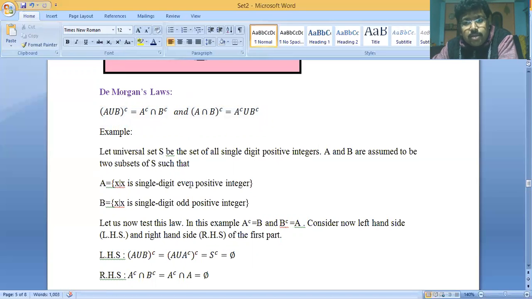Let universal set S be the set of all single-digit positive integers, and A and B are two subsets of S such that A has elements x where x is a single-digit even positive integer, and B has elements that are single-digit odd positive integers.